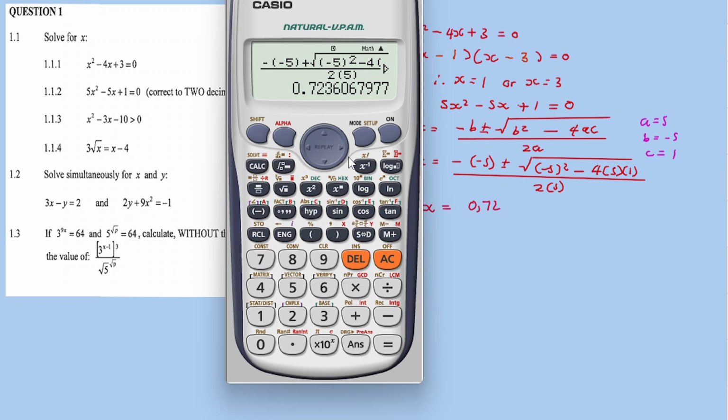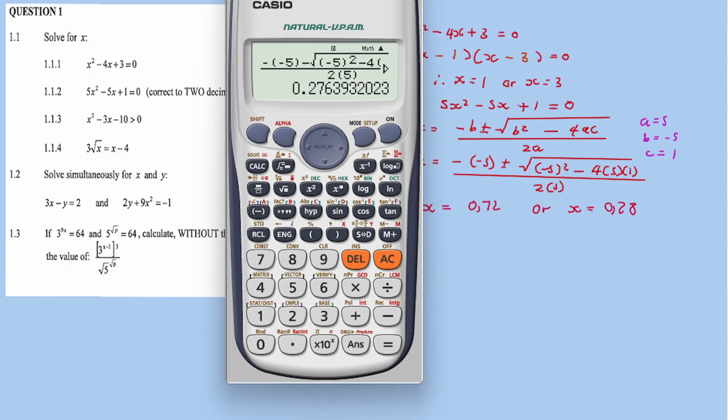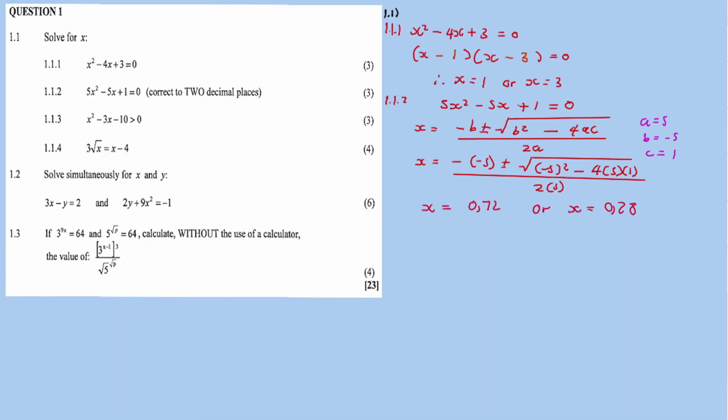And then the second answer is 0.28, not 0.27, 0.28 in 2 decimal places. So now we have our roots for 1.1.2.